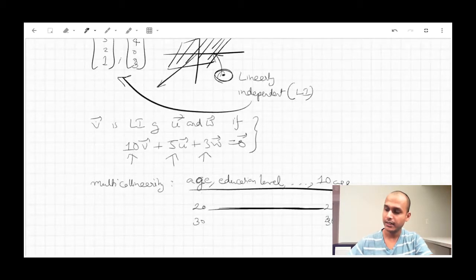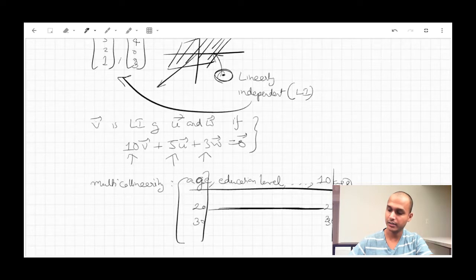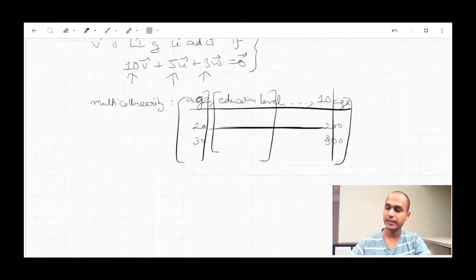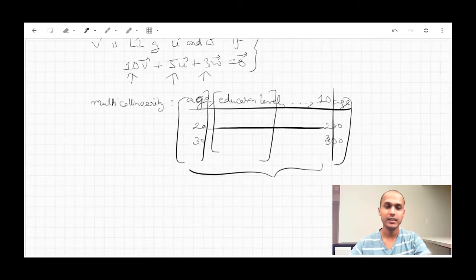So here you can see that if you think of each column as a vector, the last column is just a multiple of the first one. Therefore, it's not linearly independent of the remaining ones.